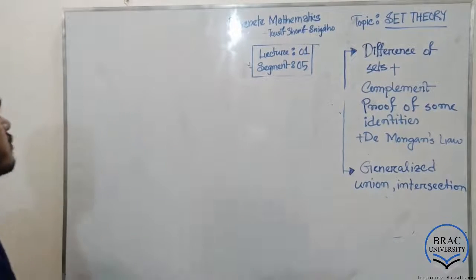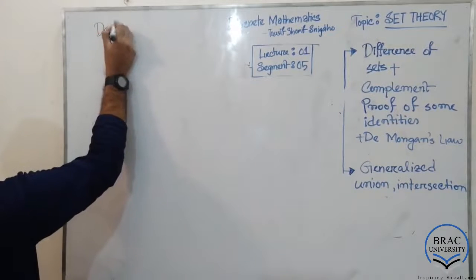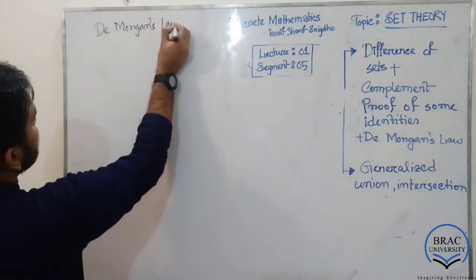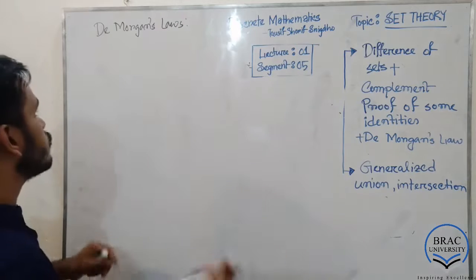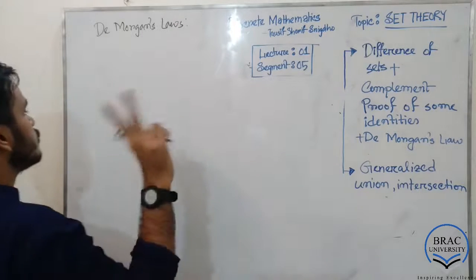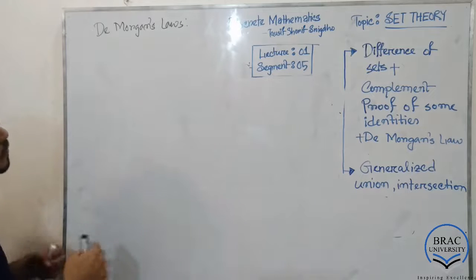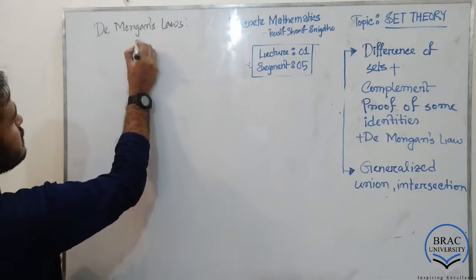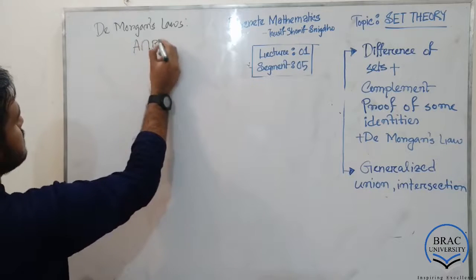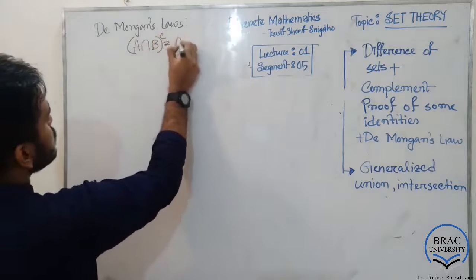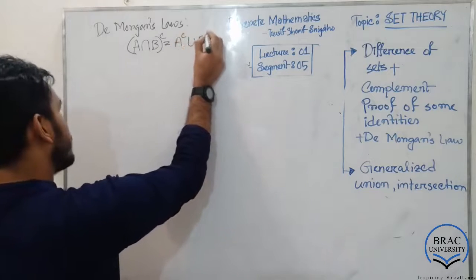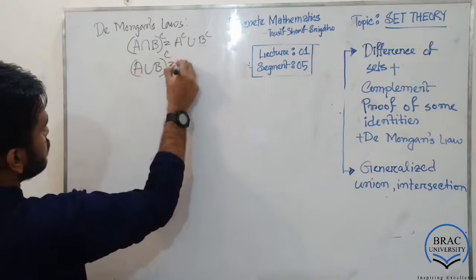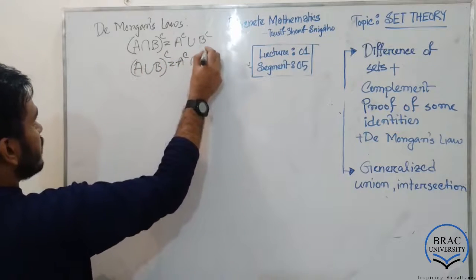Okay. So now we'll prove the famous De Morgan's law using another method. There are two parts of De Morgan's law for two sets. De Morgan's law also has a generalized version, and for two sets De Morgan's law is like this: the complement of A intersection B equals A prime union B prime, and the other part is the complement of A union B equals A prime intersection B prime.